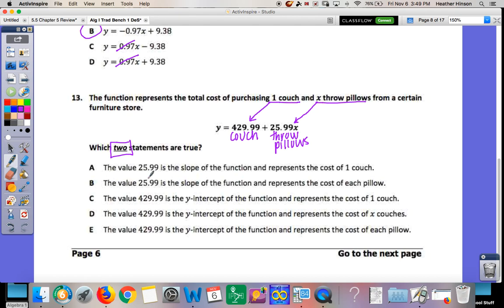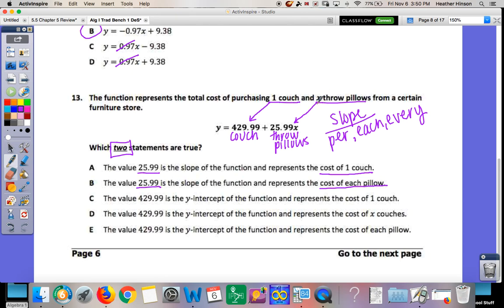The value of $25.99 is the slope of the function. That's true. It's with X as the slope. But does it represent the cost of 1 couch or the cost of each pillow? Well, it's slope. So automatically when you look at slope, you have to look for words like per, each, or every. Secondly, we just talked about that.